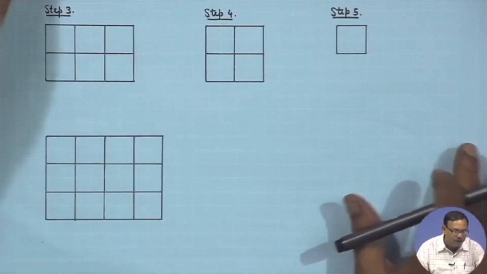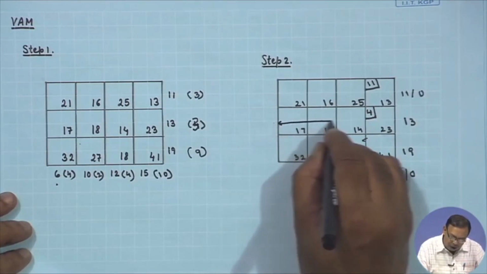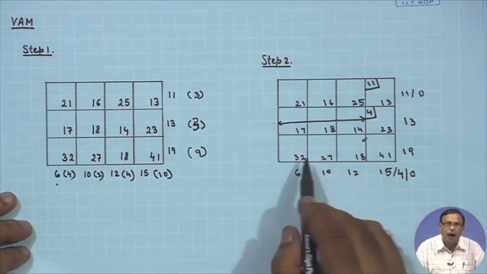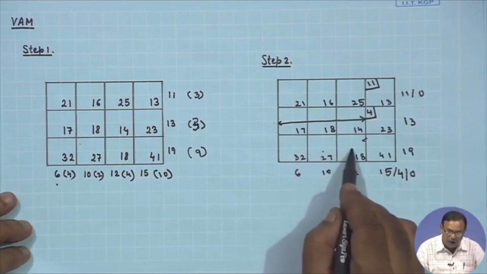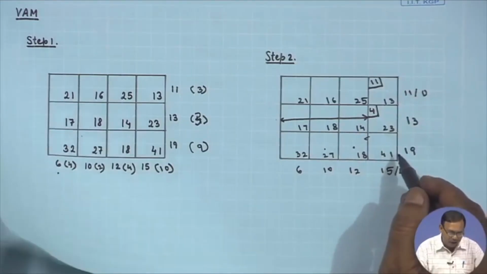In the next table what you are doing here? At first from here you are writing the second row, from here to here up to this. That is, second row and third row you are writing, and you will take only the first column, second column and third column only. Fourth column already you have allocated entirely.